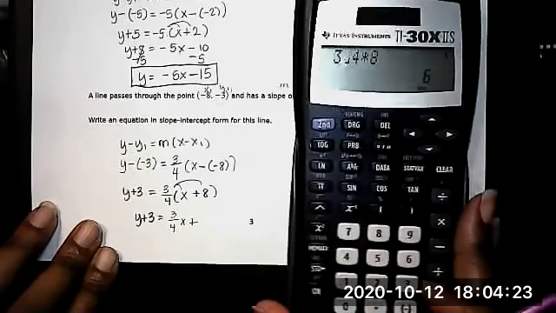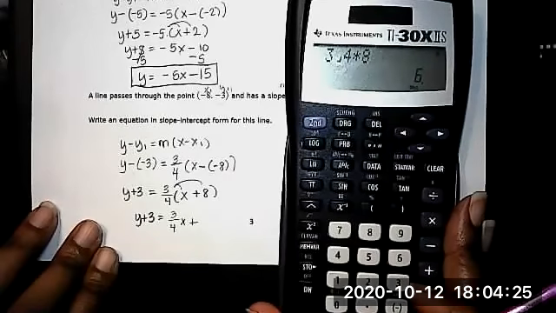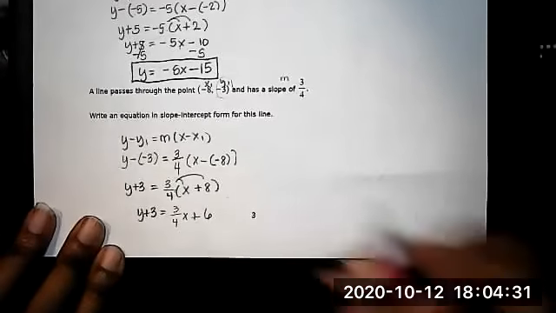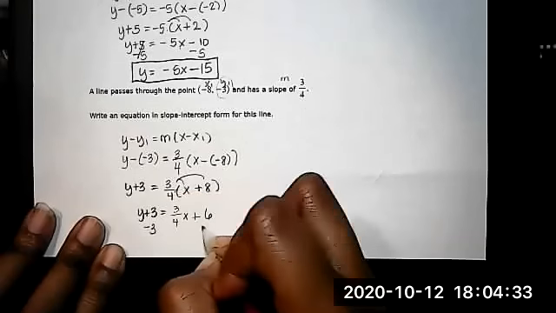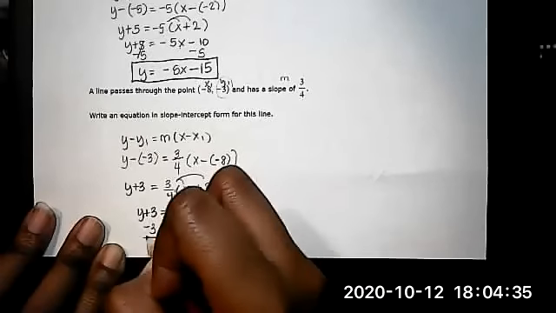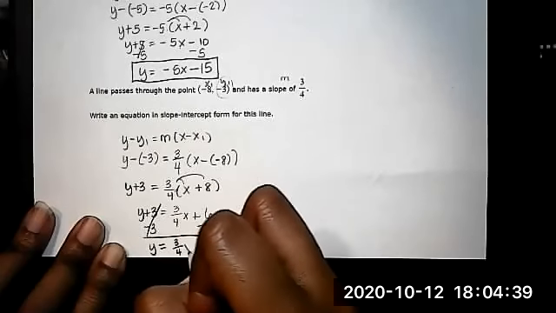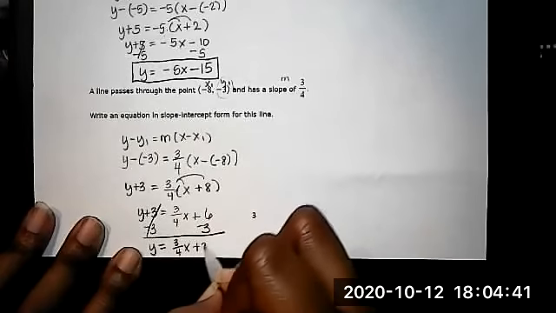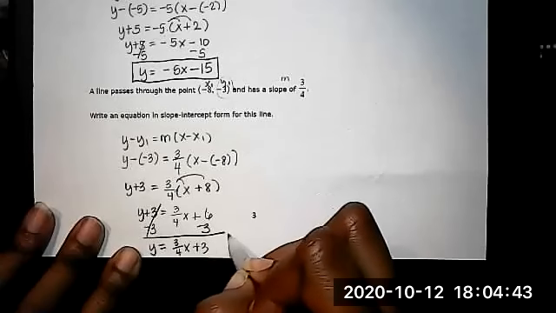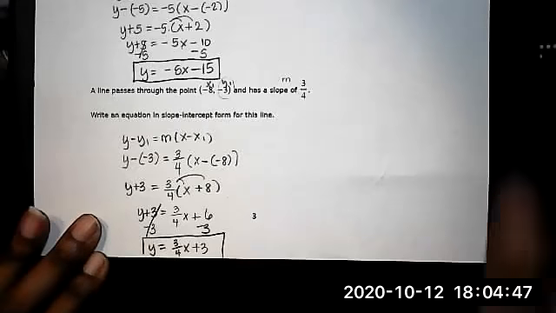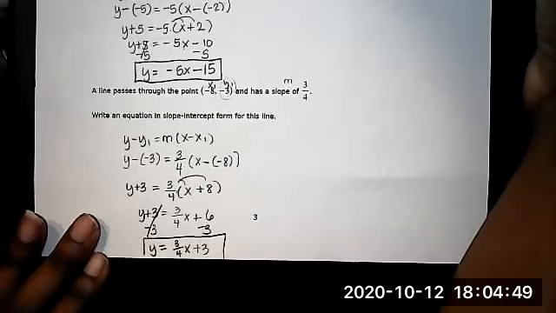What did I get? Look at that. I actually just got 6. So when I multiply 3/4 times 8, I got 6. And then you can just subtract the 3 from the 6. Y equals 3/4x plus 3. 6 minus 3 is positive 3. That's what I got there. That's my answer. Okay. All right.